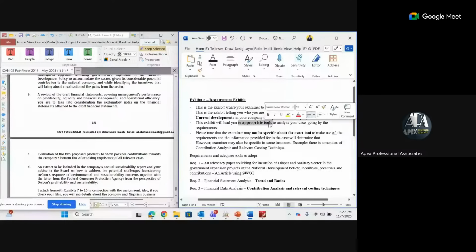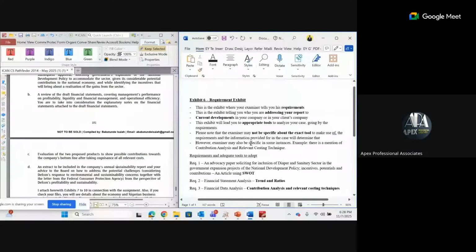You remember a topic we did on tools for case study analysis. Exhibit 6 will tell you the tools you are using, going by the requirements. So I made important notes here. Please note that the examiner may not be specific about the exact tool to make use of. The requirements and the information provided in the case will determine that.